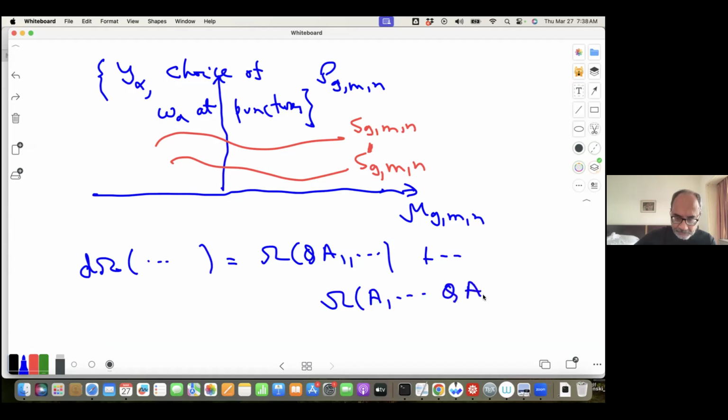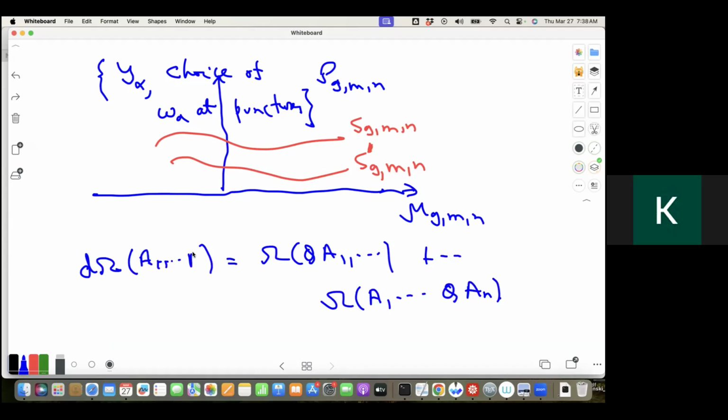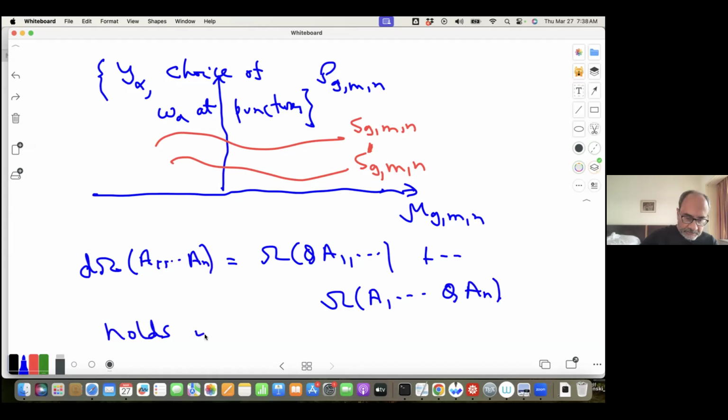This is the equation you used. So this equation holds in this new PGMN, which also includes change of local coordinates.